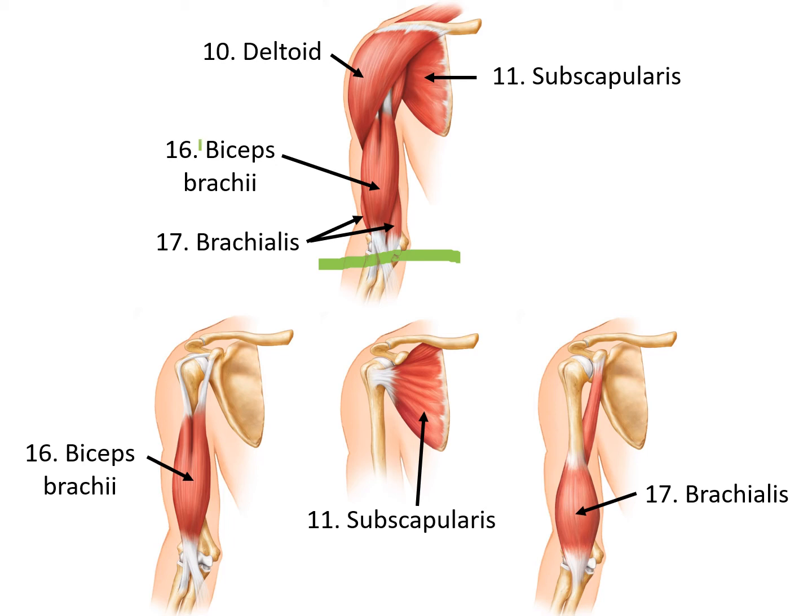Biceps brachii. You've probably heard of your biceps and triceps. So the biceps is on the anterior of the arm, and I'm outlining its shape here. I missed a little there. Okay. So some of this down at the bottom is not part of it. Biceps means 2 heads.